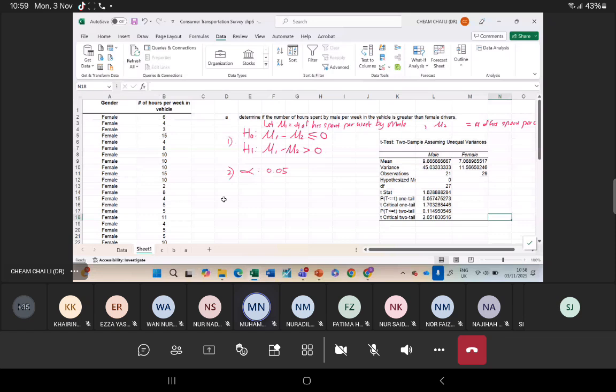We can just adjust kat sini. You see, you have so many decimal places, kan? So you can always reduce it to 4 digits, kalau tak terlalu crowded.